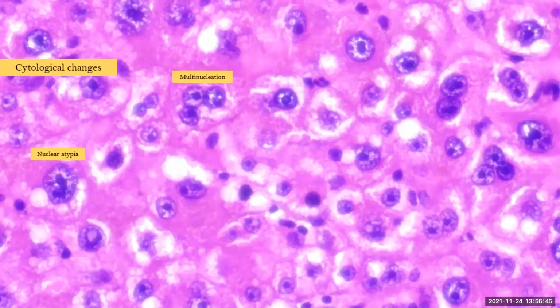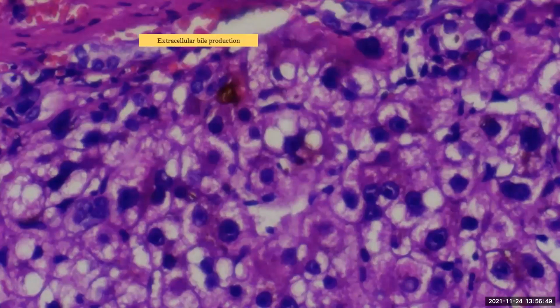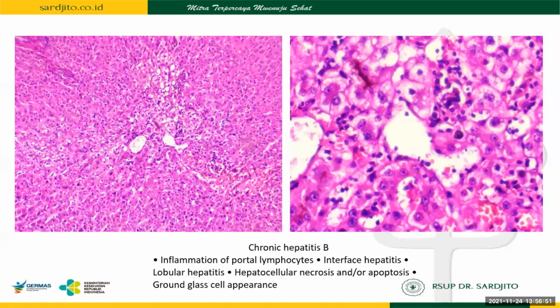So this is hepatocellular carcinoma, and also there's bile production. In another part of the tumor, there are areas that were not malignant, and it still shows some chronic hepatitis B patterns. So we can confirm this as an HBV-related hepatocellular carcinoma.